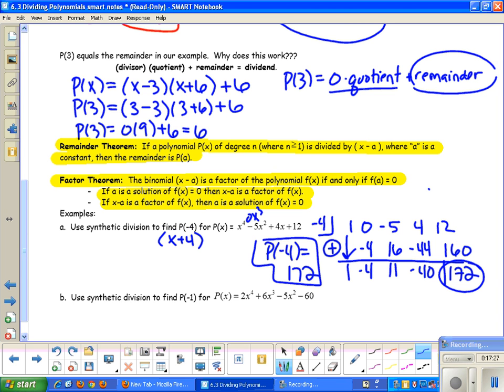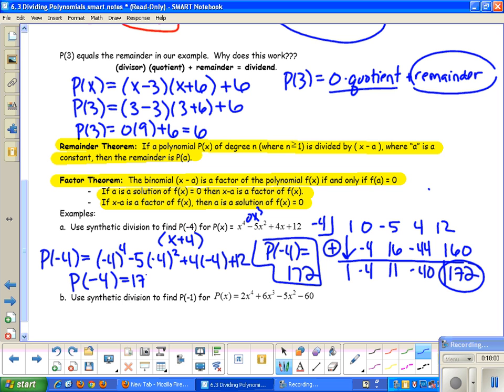So let's just check. If you plug this into your calculator, you'll notice that you do get 172. If you don't, either you plugged it into your calculator incorrectly or maybe you did your synthetic division wrong, but you should get p of -4 equals 172.